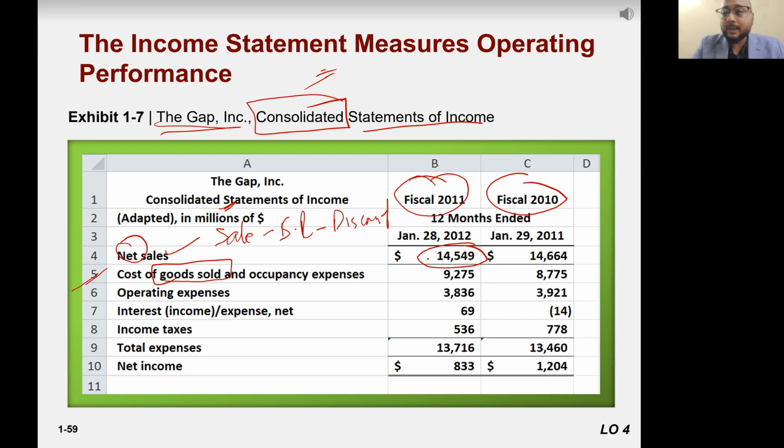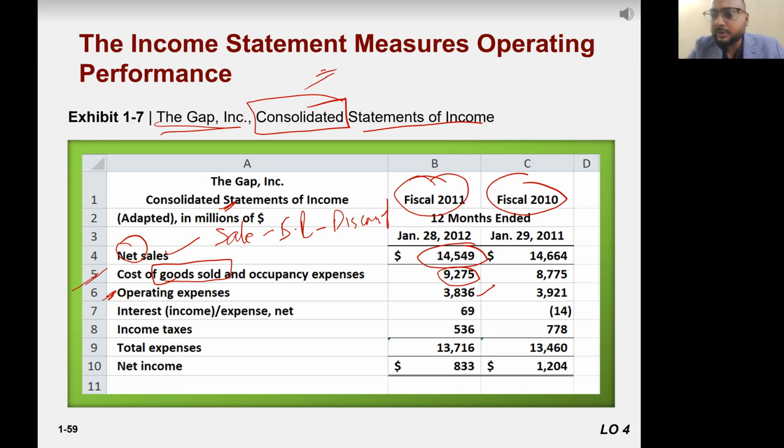And in order to sell them, this much worth of raw material cost us, like fabric, thread, right? This kind of stuff. And all other stuff is operating expenses, like salaries, utility bills, rent of the factory, anything else, right?